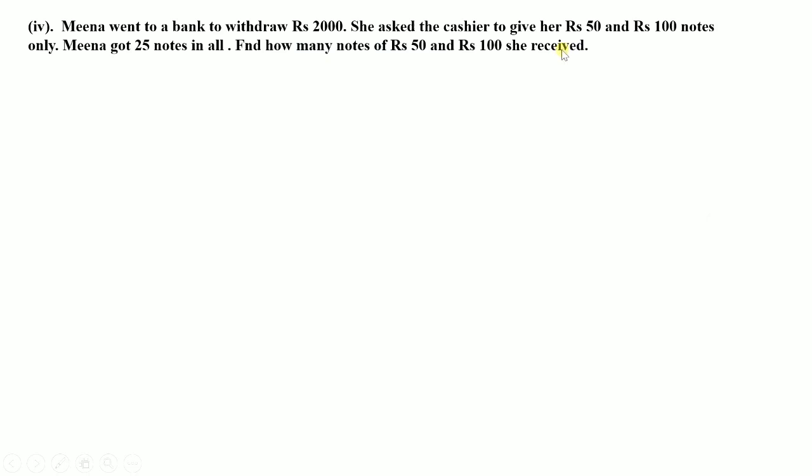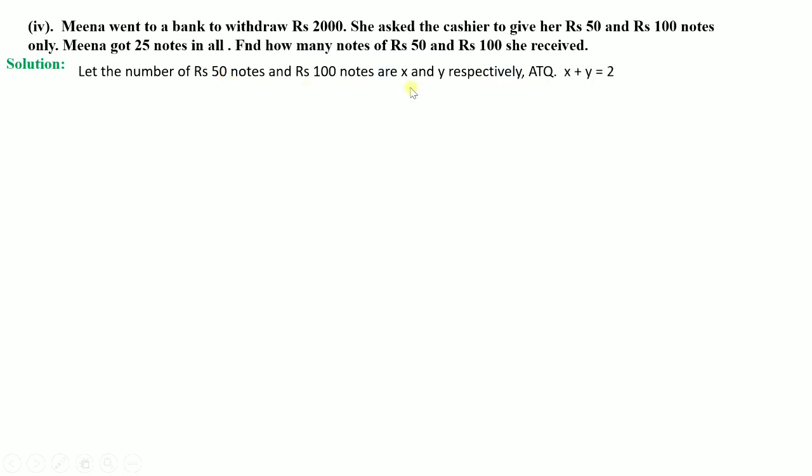This question is actually an application of pair of linear equations in two variables. So we start the solution. Let the number of rupees 50 notes and rupees 100 notes be x and y respectively. That means rupees 50 notes equal x and rupees 100 notes equal y.